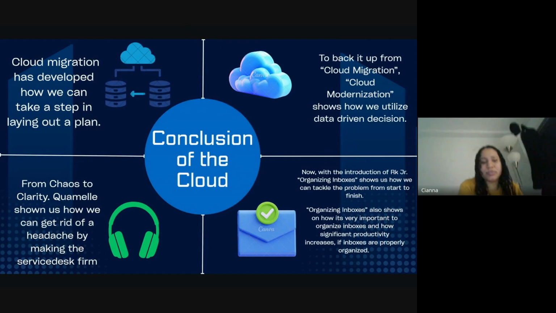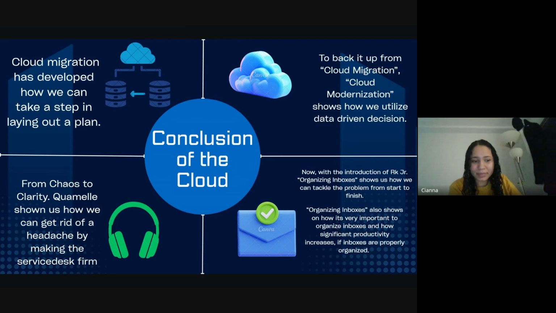And here's the conclusion of the cloud. Cloud migration has developed how we can take a step in laying out a plan. From chaos to clarity, Quamelle has shown us how we can get rid of a headache by making the service desk firm. The cloud migration and cloud modernization show how we can utilize data-driven decisions.